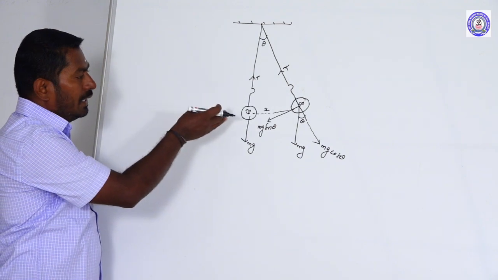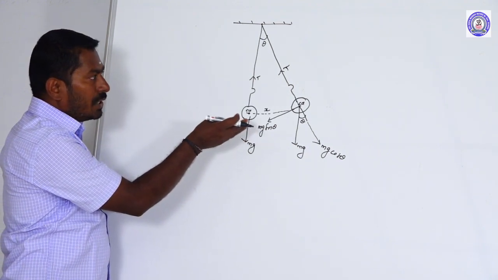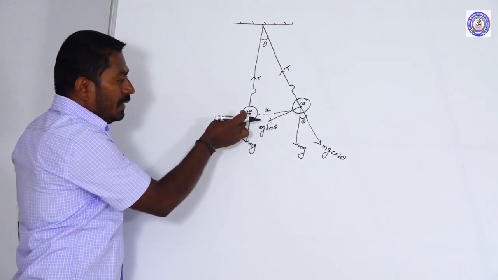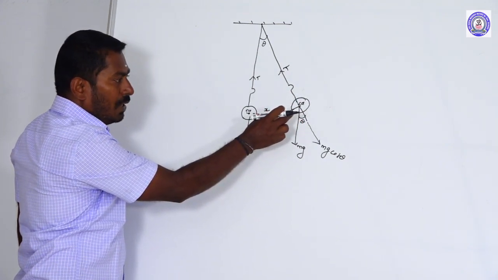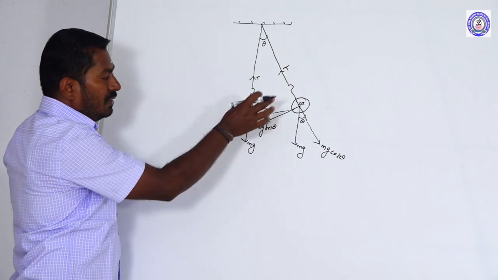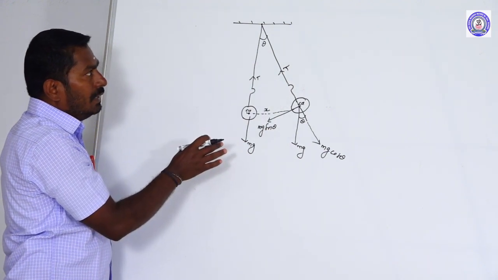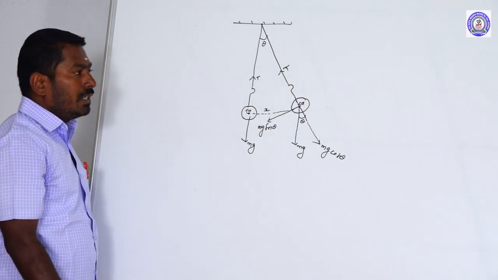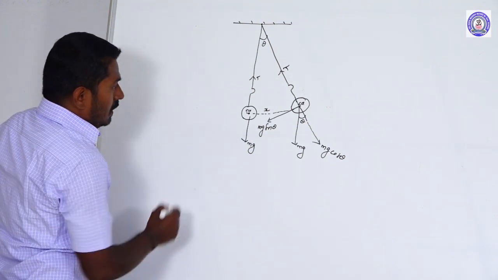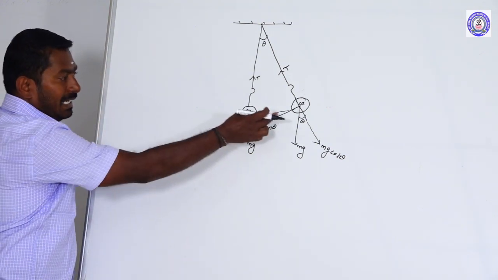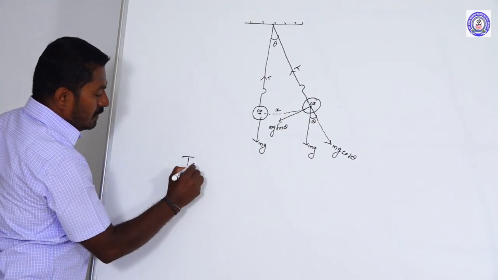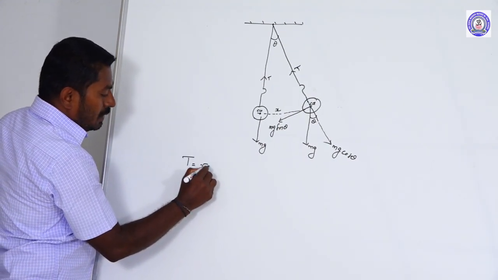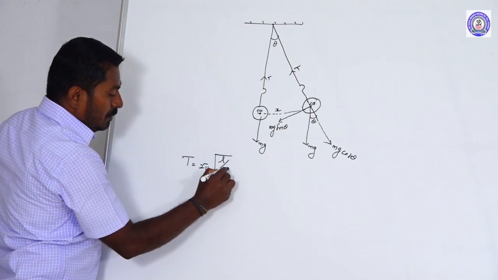It executes linear simple harmonic motion, because if the amplitude of the metallic bar is very small, then the oscillation of the metallic bar in a simple pendulum is linear simple harmonic motion. The time period of the metallic bar, the time taken to complete one oscillation, T, is equal to 2 pi square root of L divided by g.